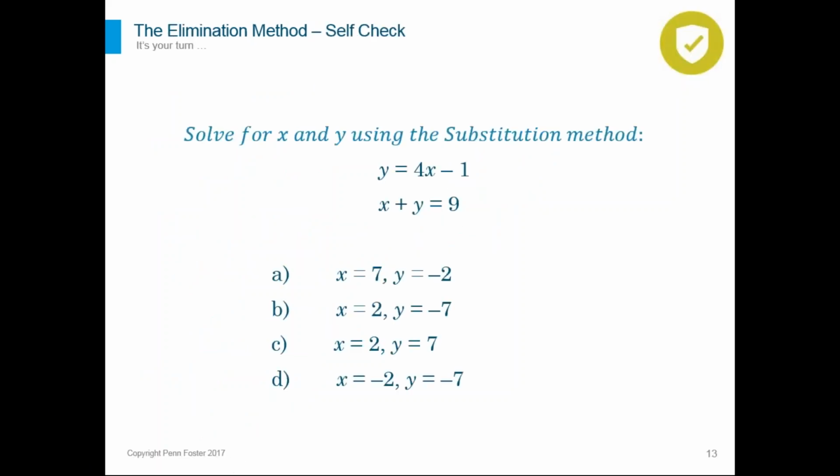Okay, another question with self-checks: use the substitution method to solve the following system of equations. I'm going to leave that for a while and then switch to the other screen.